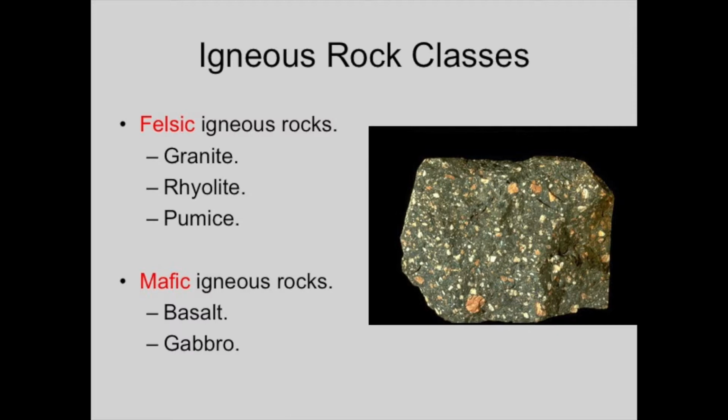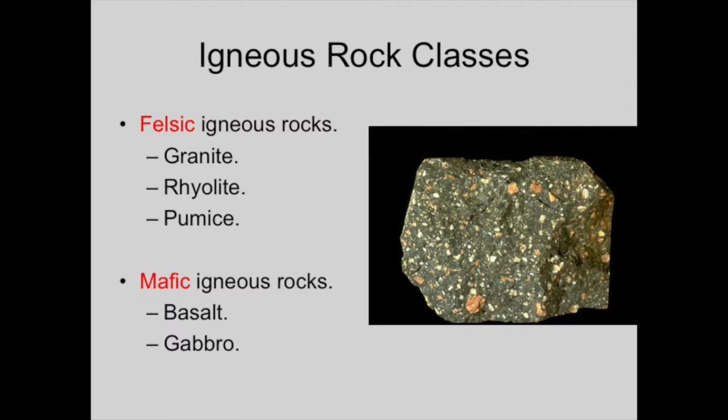The other igneous group that we recognize in terms of composition and texture is the mafic group. This term is derived from both the composition and the name of common minerals within mafic igneous rocks, such as magnesium and a ferric element such as iron.